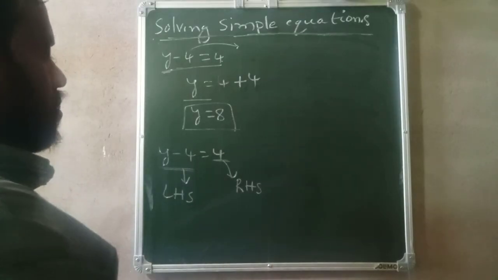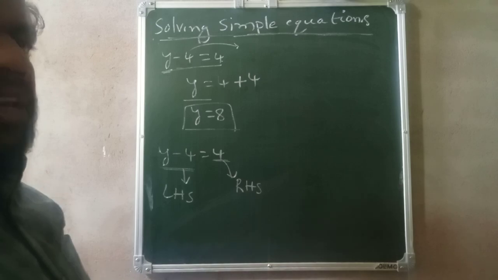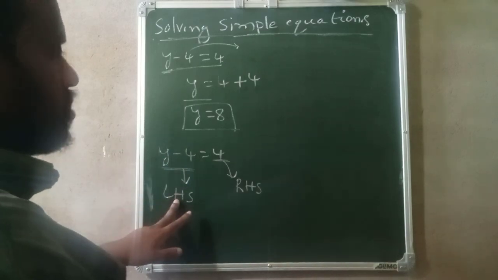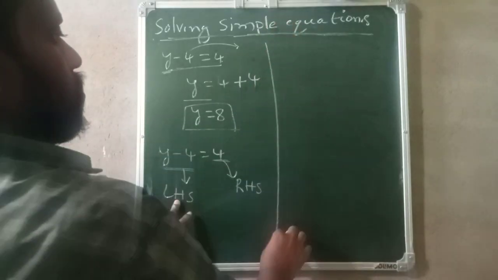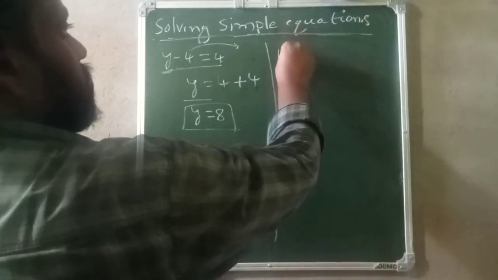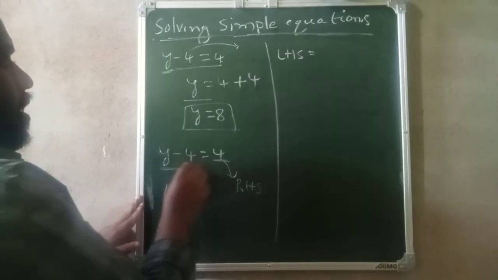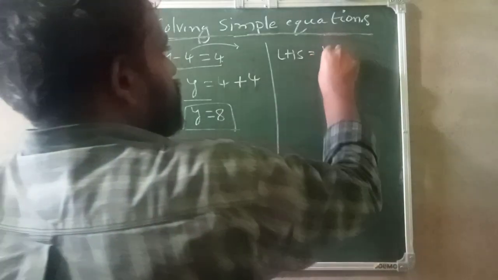Now check on which side the variable y is present. See, y is present on LHS. So write LHS is equal to, so this entire thing is LHS. So y minus 4.